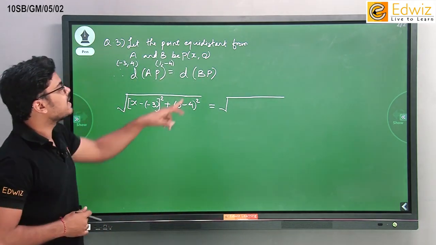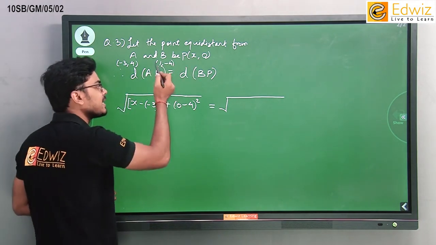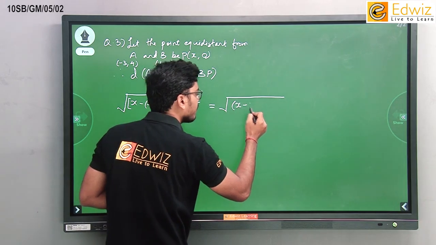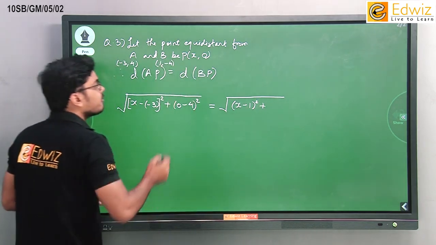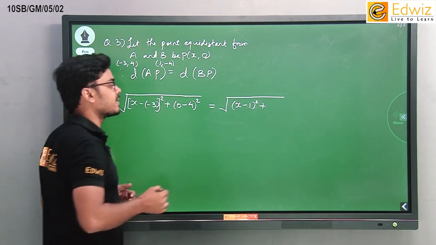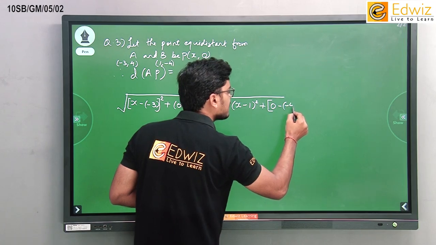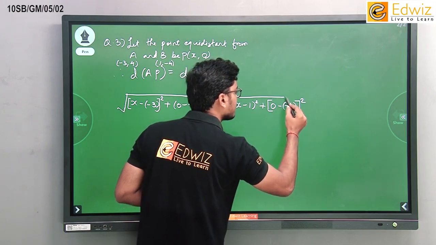Okay, now distance BP is x minus 1. x2 minus x1 मतलब क्या? x minus 1 the whole square plus y2 minus y1 will be 0 minus minus 4. Two negatives again. So square bracket में 0 minus minus 4 the whole square.